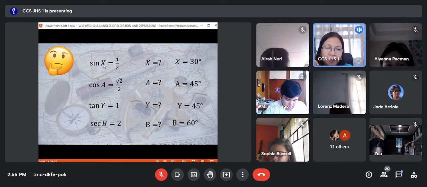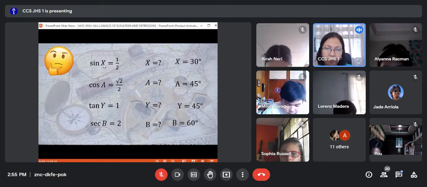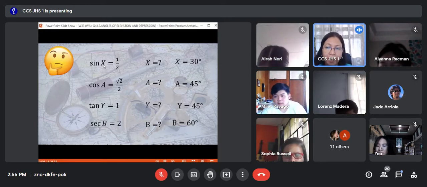Okay, how about cosine A? How to find A? We have arc cosine, quantity, square root of 2 divided by 2, quantity, then press the equal sign. What do you have?